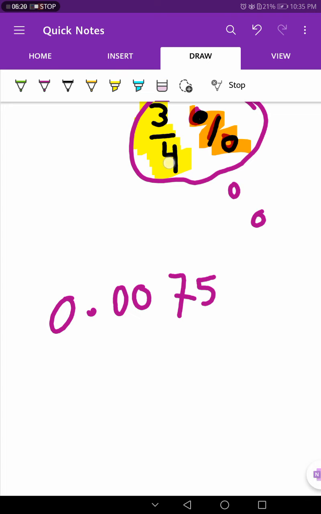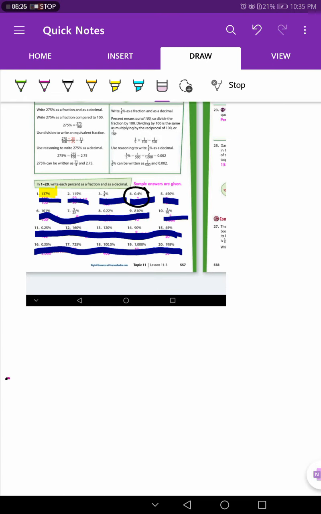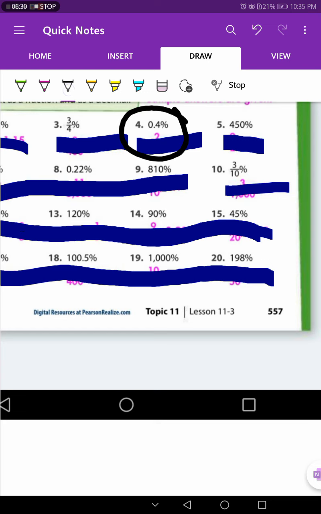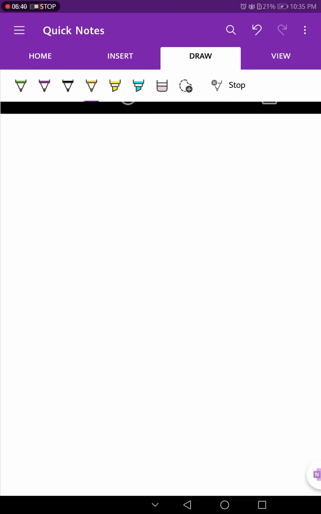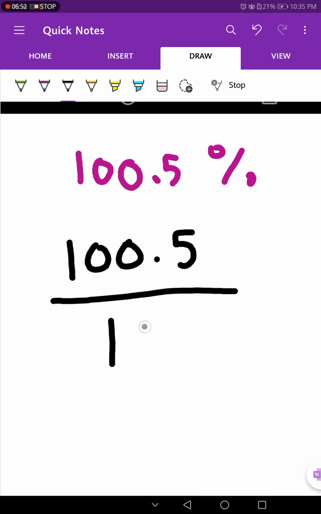Okay, my dear students, let us take one more example. Okay, and that will be enough. I will take 2 examples. I will take this one and then this one. It is 100 and a half percent. As we learned, 100 and a half over 100. So I have to cancel the 100 down.